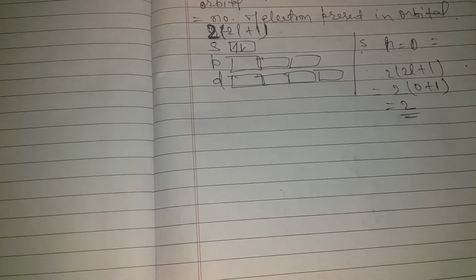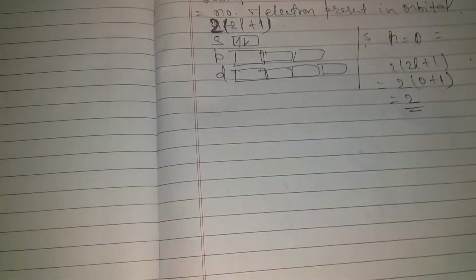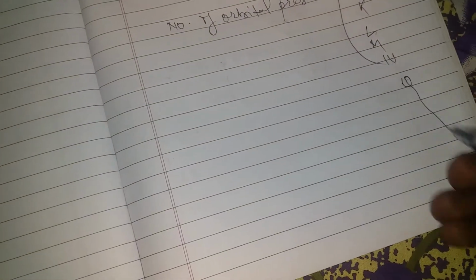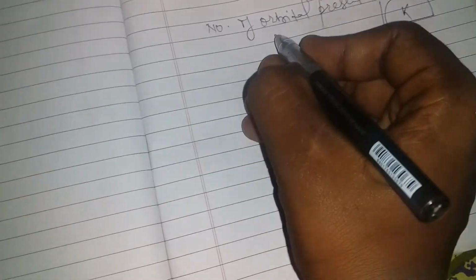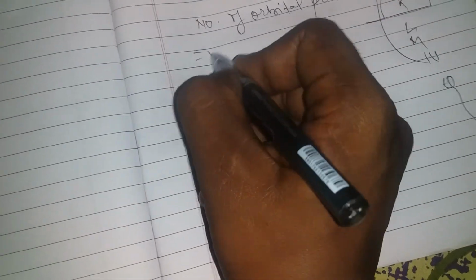We can also find the number of orbitals present in an orbit. You know the orbits are K, L, M, N, O, and so on. To find how many orbitals are present in K, we use the formula n square.